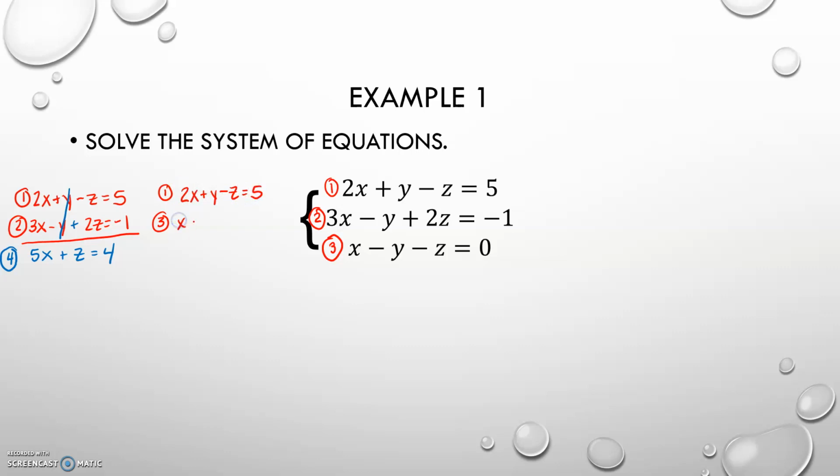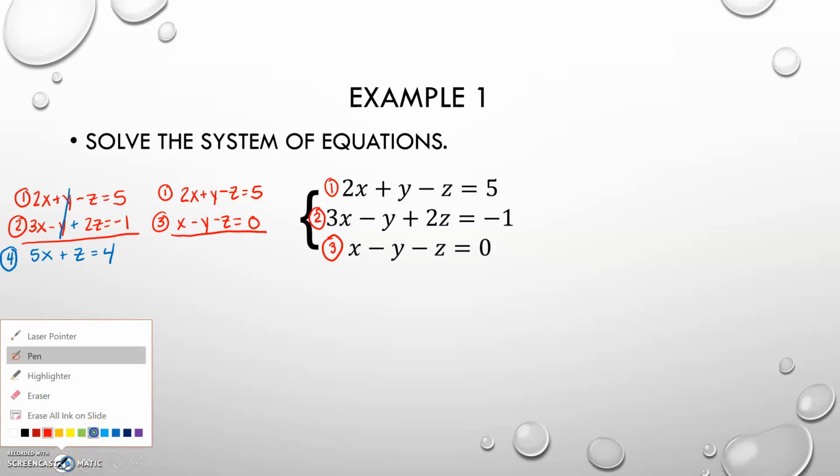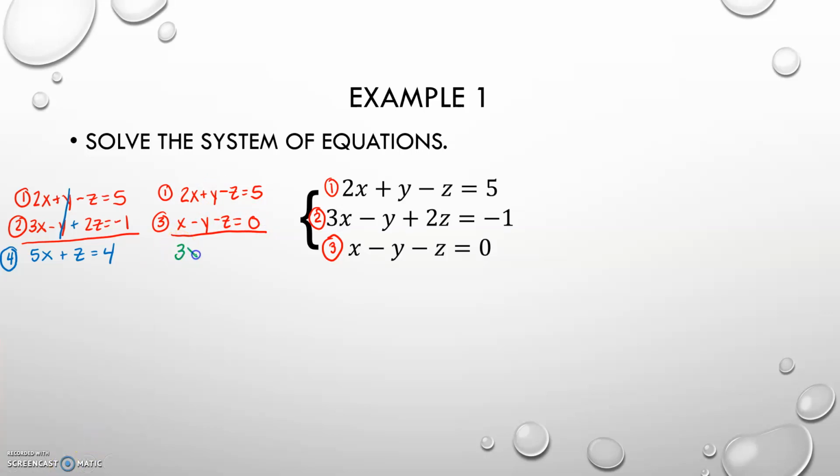And then I'm going to write the third equation. And again, they already cancel out, so I don't have to do anything. I just add straight down. And this is now my fifth equation.